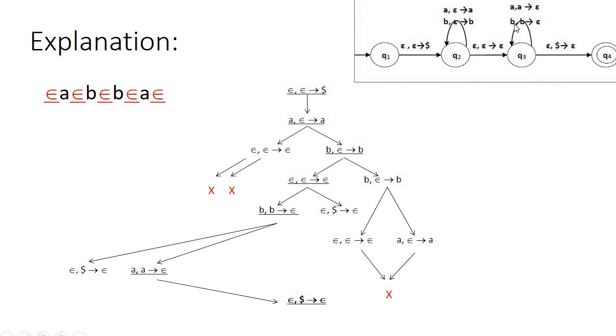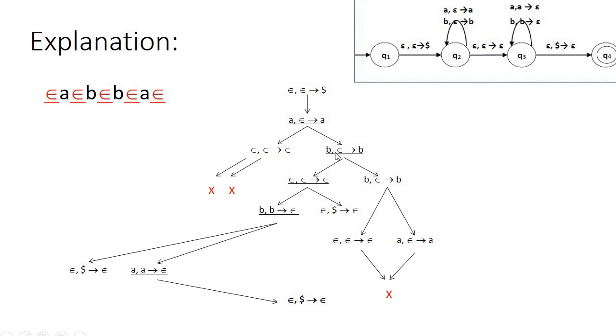If we read B, the stack must contain B on the top, whereas previously we had A on the top, so this transition cannot end successfully, so it fails. So it jumps back to the state where we can have another branch for validating the string.